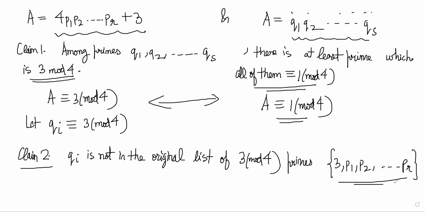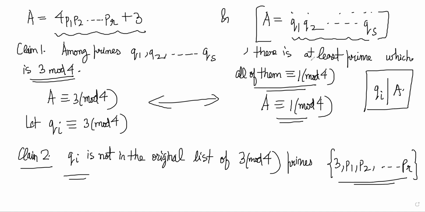What I want to say is that Qi does not exist in this original list. Why can I say this? Because from here, it is obvious that Qi clearly divides A, right? Qi is a prime factor of A. However, you can see that none of the primes here divide A, right?